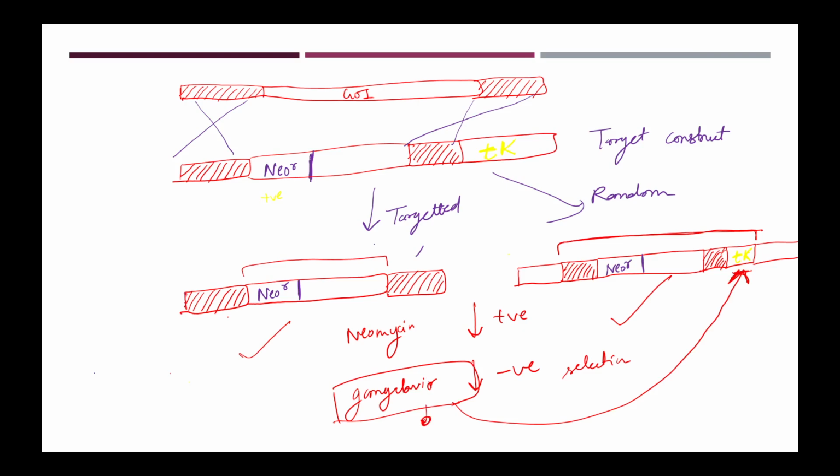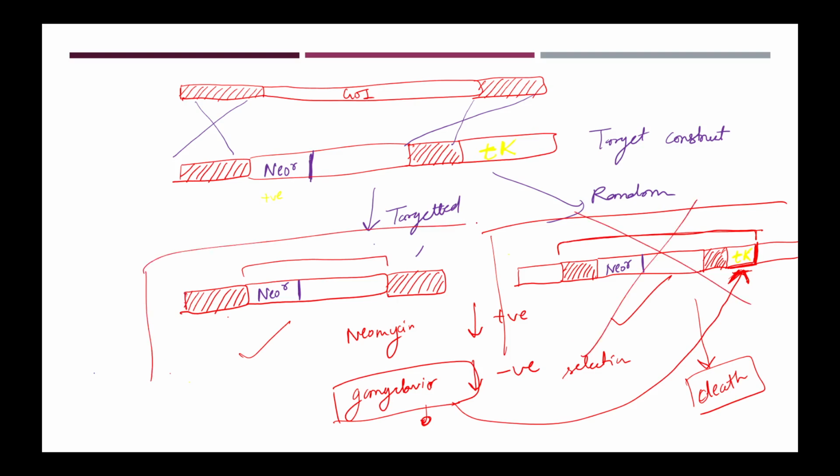So the cells which harbor this thymidine kinase in their genome will make a toxic substance and undergo death, leaving the cells where the thymidine kinase is not incorporated to survive. So this is how these cells will be eliminated and only these cells will survive. That is how you can differentiate between a targeted integration and a random integration.